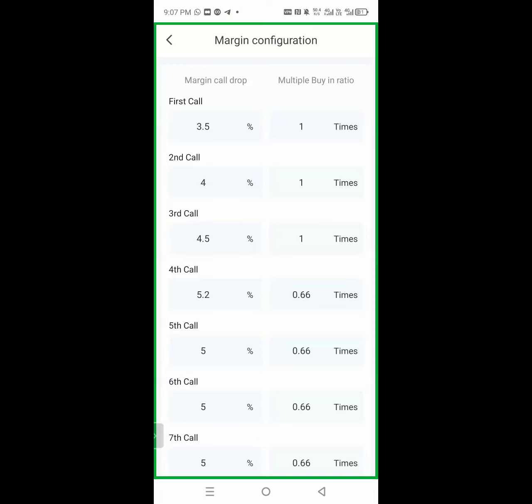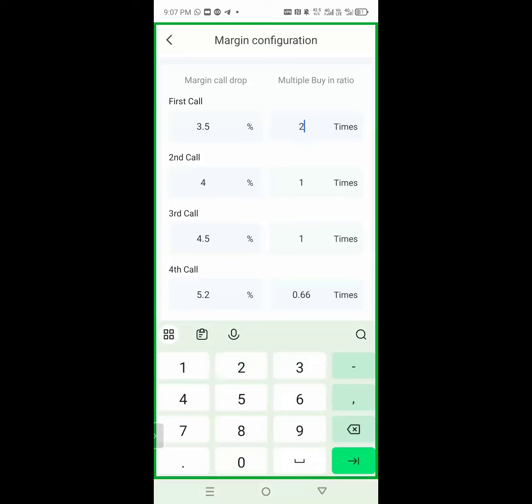And I said anything you put here, for instance, if you put 2, it will be 2 times 15, which is your first buy. First buy is 15. 2 times 15 is 30. What we are going to put here is what, when we multiply by the first buy amount, gives the amount we want the robot to use to buy this margin.